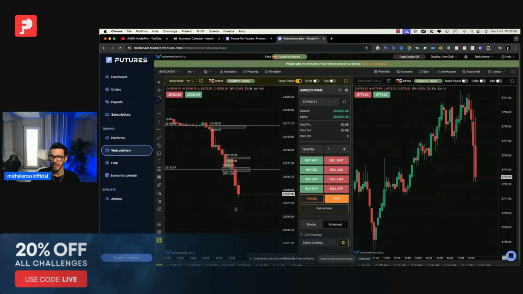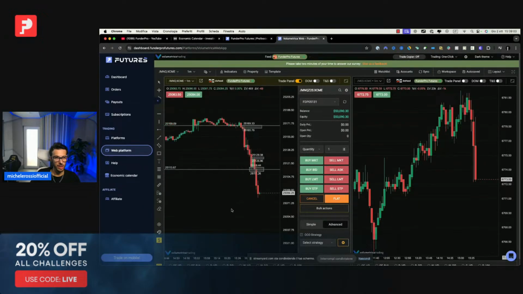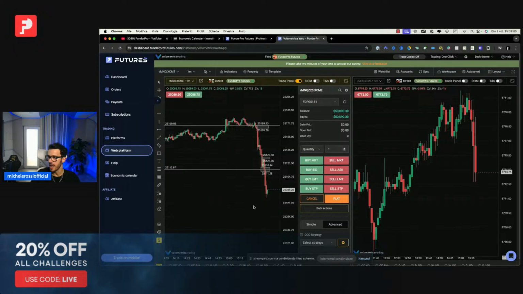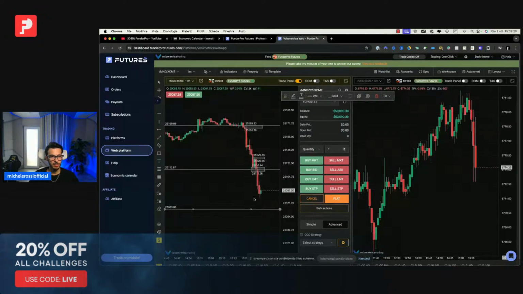We're heading down to the low of the London Open, which is down at 25.60, about right here. That's another point of interest.